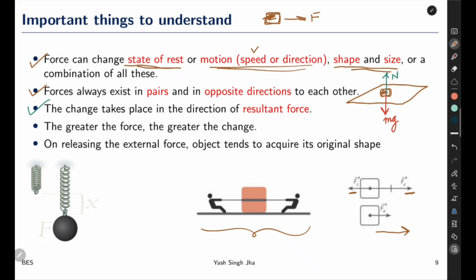Second, what next? The greater the force, the greater the change. What does it mean? The proportion of change depends on the force. How? First, there is an unstretched spring.